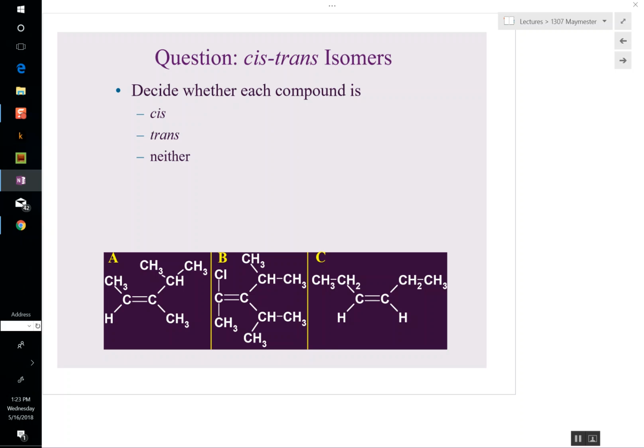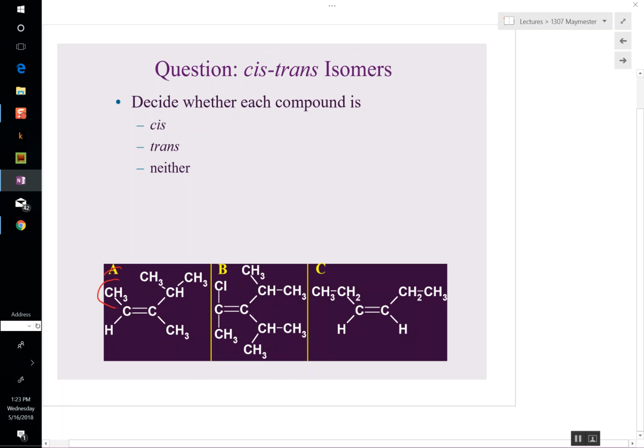Do these 2 carbons have something that is the same? Yes. This one has this, and they each have a methyl. And the thing that is the same, where is it? On the same side or across from? So is this one here going to be cis or trans? Trans. Let's not worry about naming it, just identifying it.